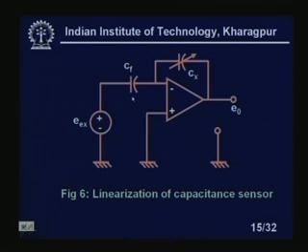If we assume this is an ideal op amp, offering a large input impedance so that it is not drawing any current, whatever current is coming in is flowing through this path. So, quite obviously I can immediately write the output voltage like this.